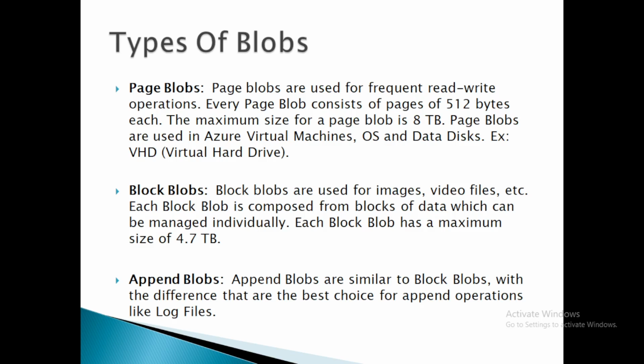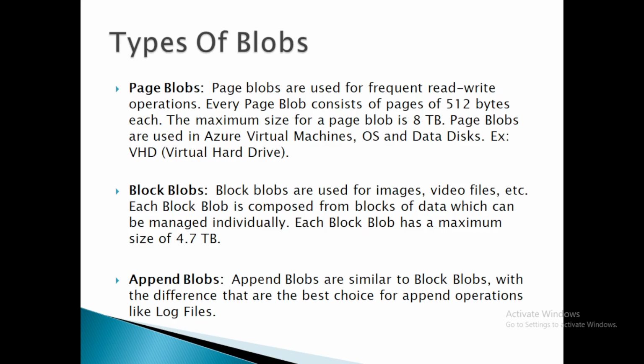Each block blob is composed of blocks of data which can be managed individually. See, in the block blob what happens is that your data will be divided, or your data will be saved in blocks. There will be multiple blocks, and in those blocks your data will be saved. Each blob has a maximum size of 4.7 TB.